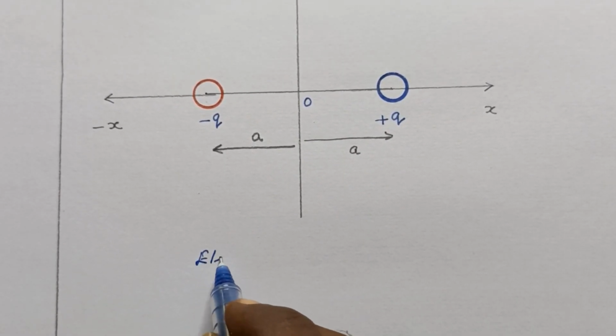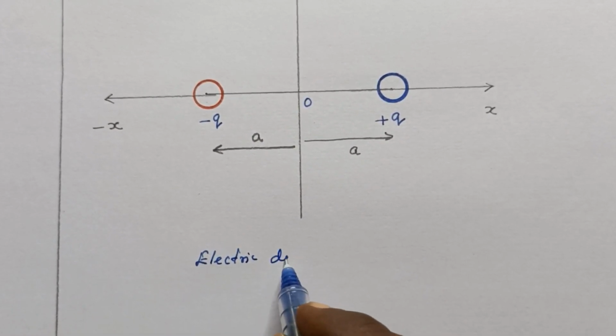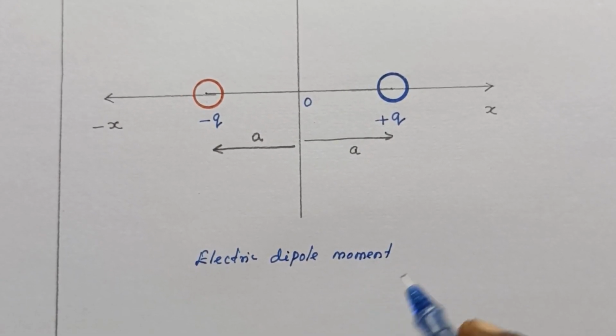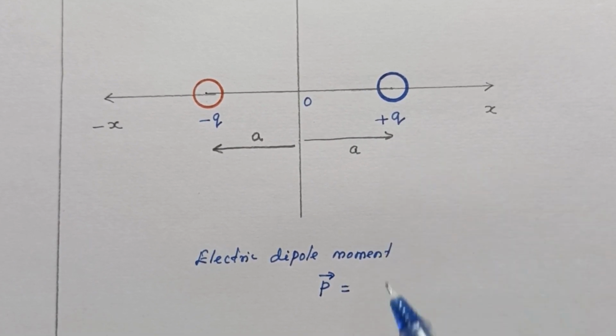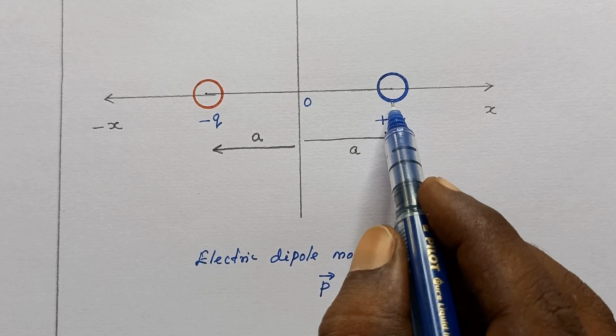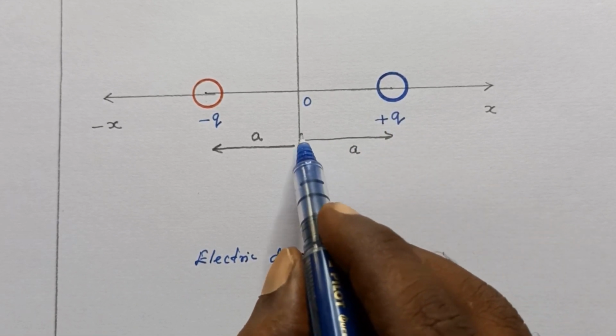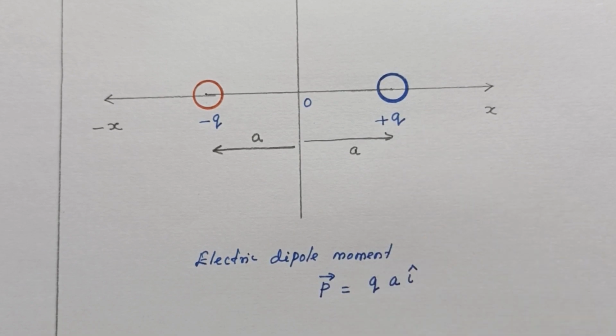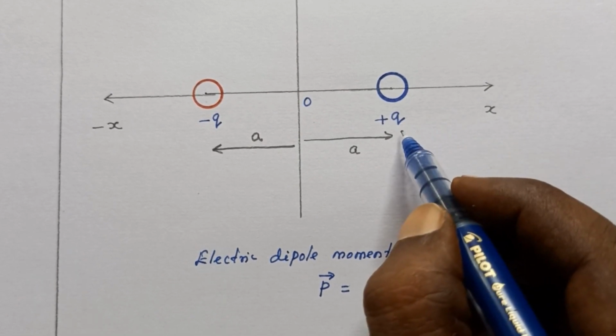Electric dipole moment P vector is equal to the first charge, that is this charge plus q into the distance. a is the distance from the origin and since it is from origin to positive x-axis, it can be written as a into i cap. i cap is a unit vector from the origin, since this is the position vector of the plus q.